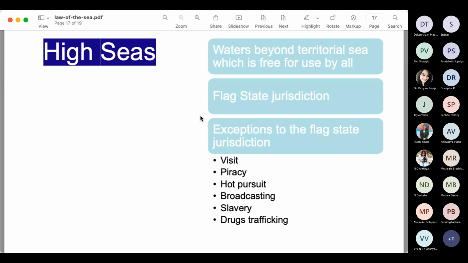So thereafter, what is piracy? As we have already read about piracy before, piracy is an illegal act of violence or detention or any act of depredation committed for private ends, maybe looting the crew or the passengers of a private ship or aircraft, or any illegal act of violence or detention conducted through private means.